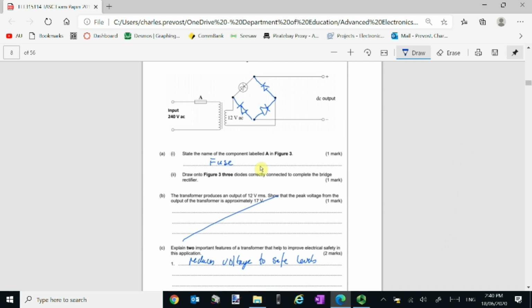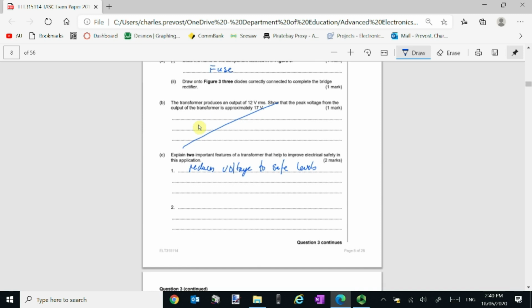So if a fault were to occur somewhere on here, then the transformer would isolate this circuit from that fault and protect a user from being electrocuted. So the isolation between primary and secondary coils in the transformer.